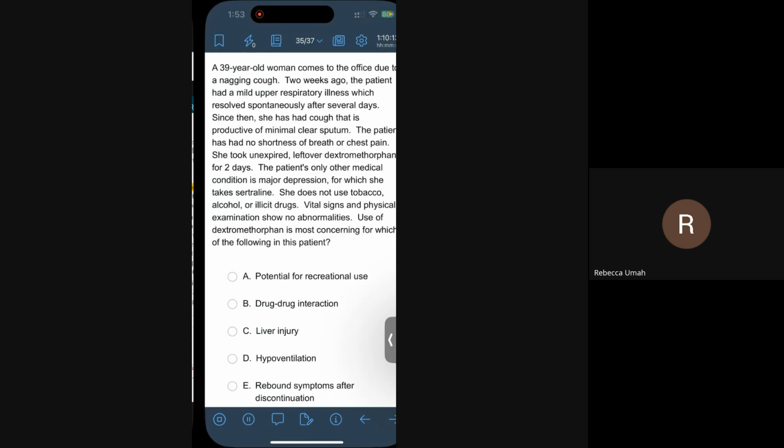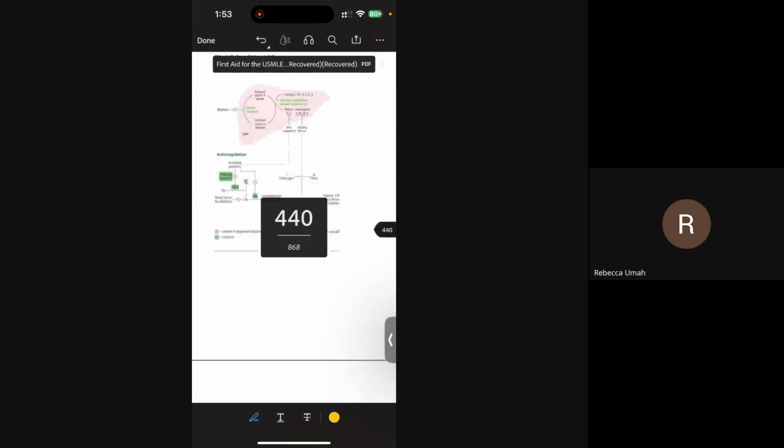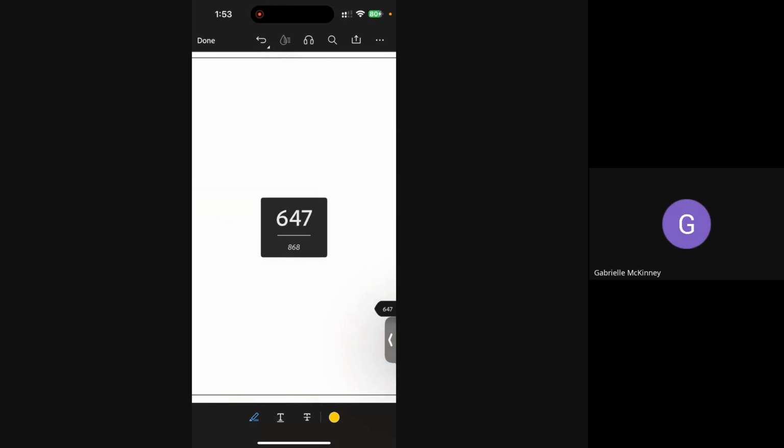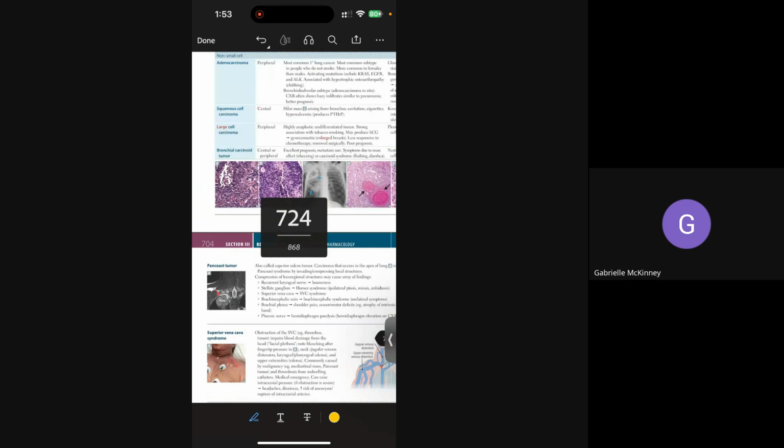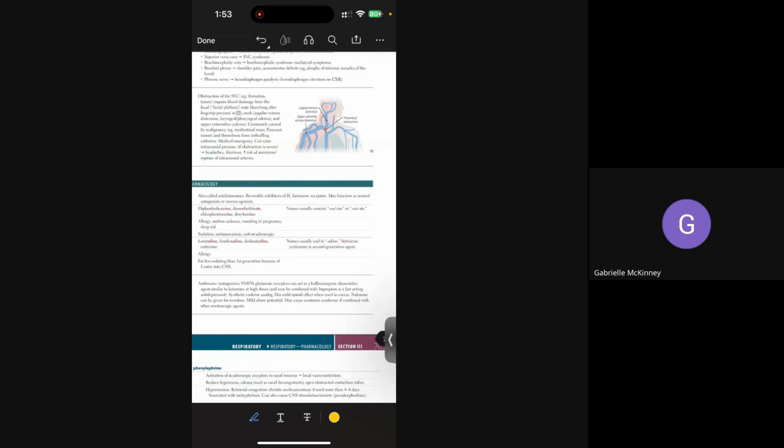Do you know the side effects of dextromethorphan? It has a mild opioid effect when used in excess, mild abuse potential, and may cause serotonin syndrome if combined with other serotonergic agents.